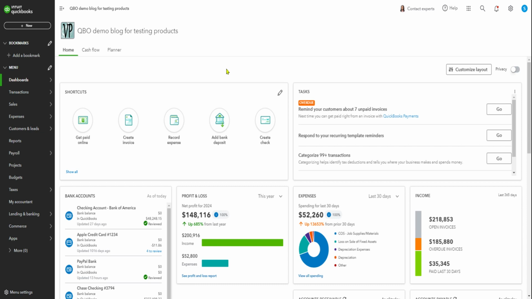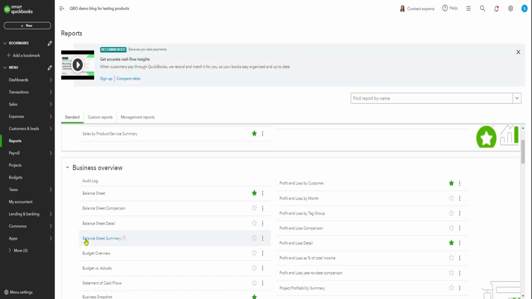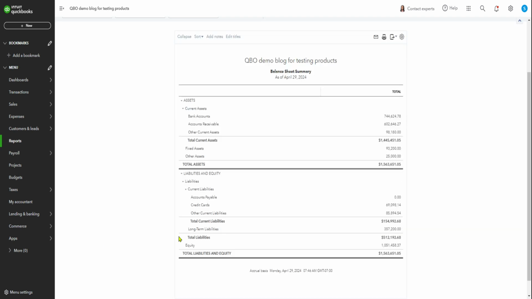Okay, so I'm on QuickBooks Online. Let's just go to the balance sheet. I'm going to run the balance sheet summary and go over this. In here you'll see the liability side is your total liability. That includes your accounts payable, credit cards, other current liabilities, and then you have long-term liabilities.